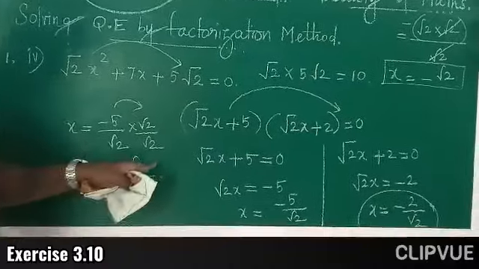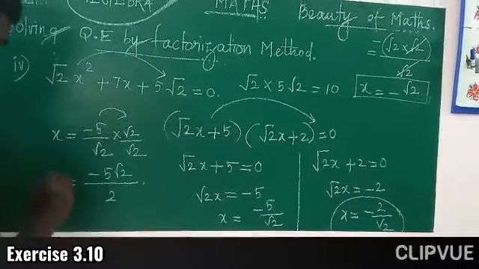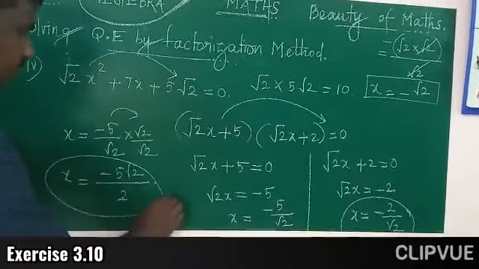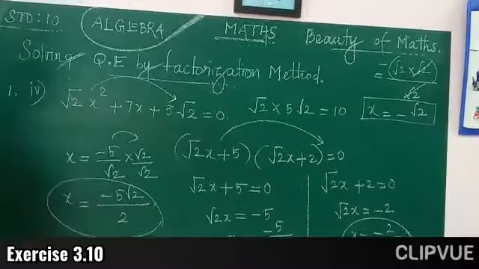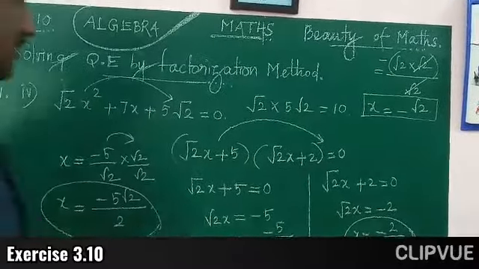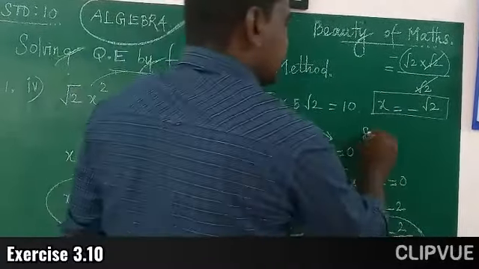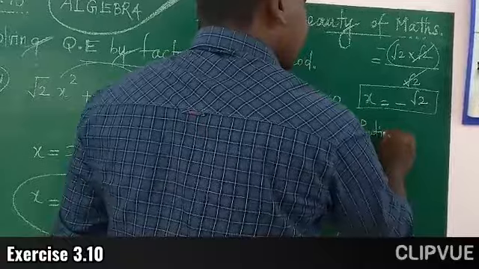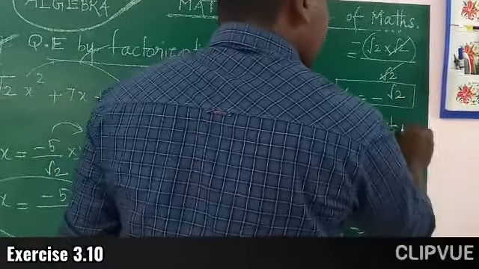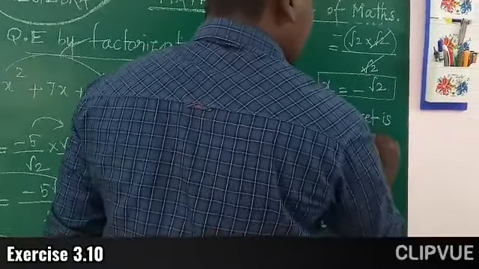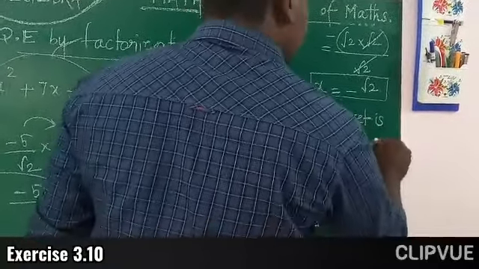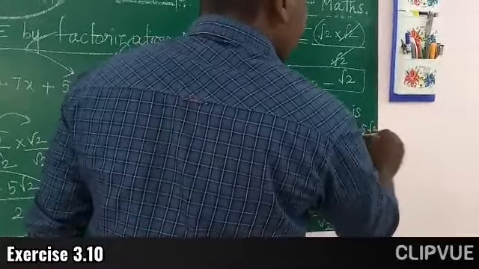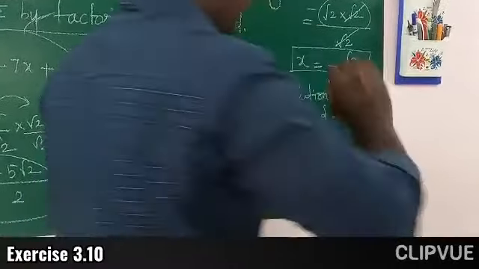So minus 5 root 2 divided by 2. This is one root. Then another root is minus root 2. So these are the solutions. So the solution set is minus root 2 and minus 5 root 2 divided by 2.